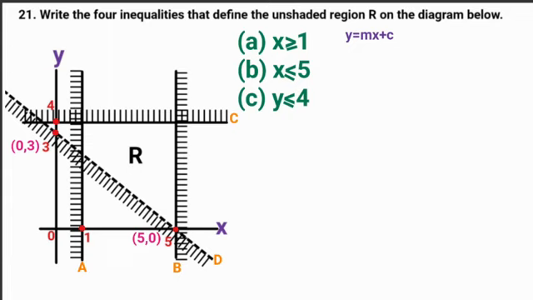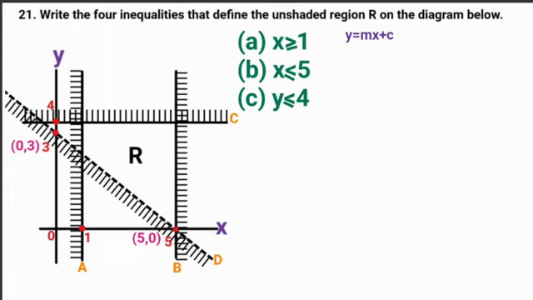So m is the gradient, y is the reading on the y-axis, x is the reading on the x-axis, and then plus c. C is the y-intercept, where the graph is crossing the y-axis. Okay, that is c, which is a constant.